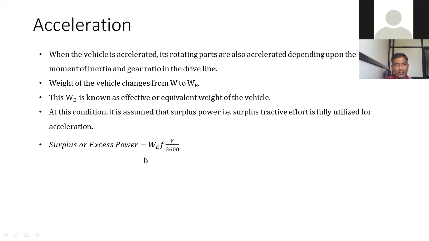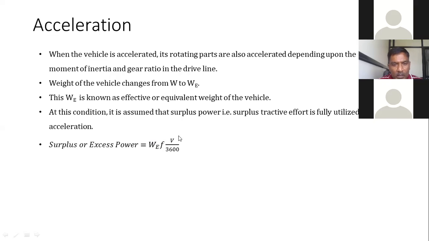So with that basic assumption, we are defining surplus power or excess power in terms of this effective weight and acceleration and the speed with the formula WE into F into V divided by 3600. Okay. So this surplus power is expressed in kilowatt.